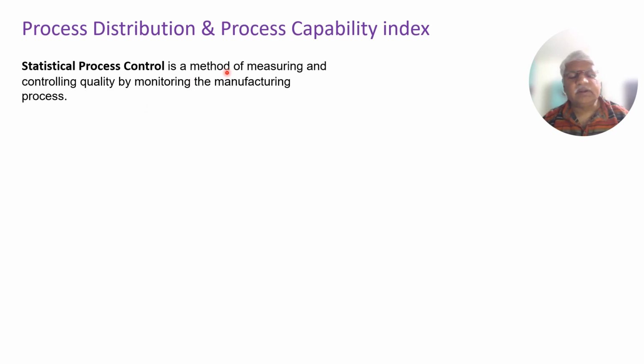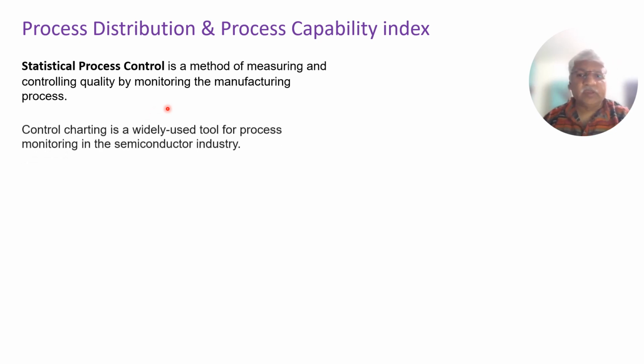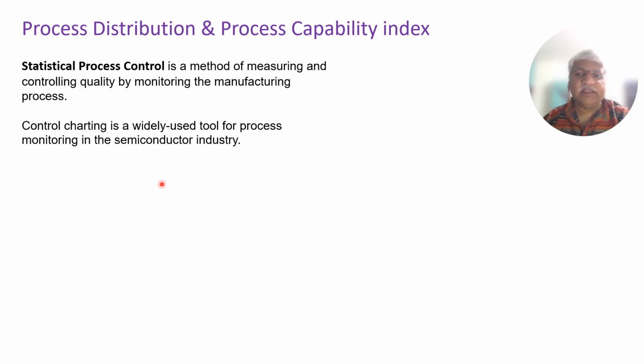Using the semiconductor metrology instruments and the associated flow and processes, statistical process control will be followed to achieve high controllability. Control charts are a widely used tool for process monitoring in the semiconductor industry.